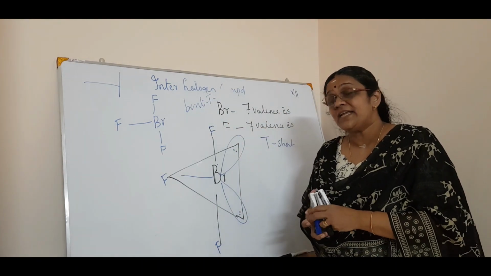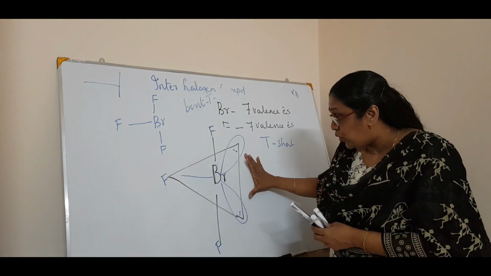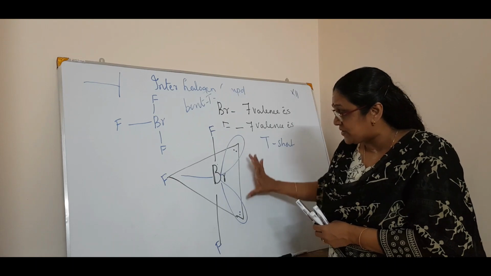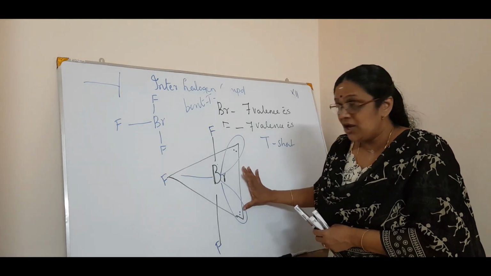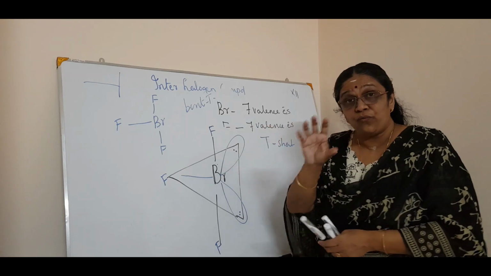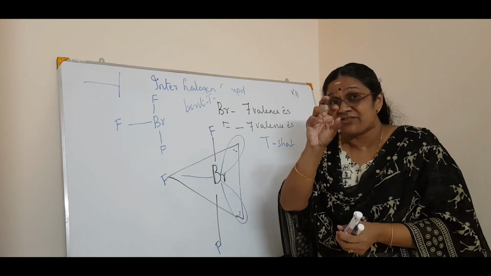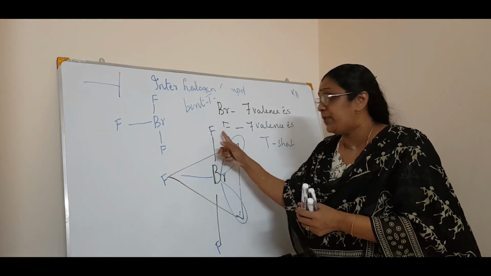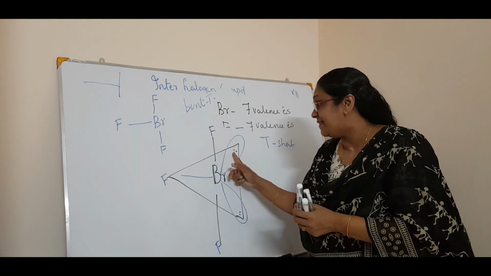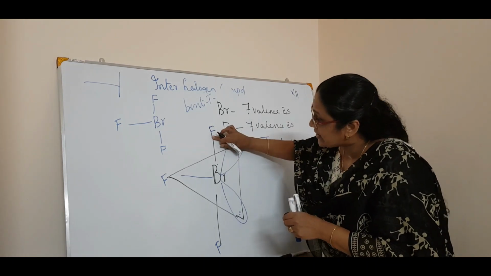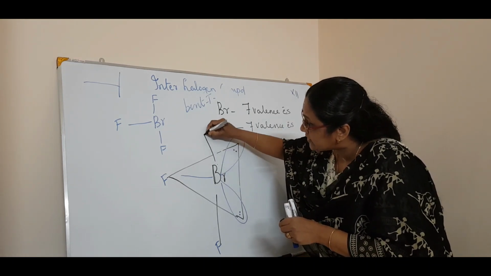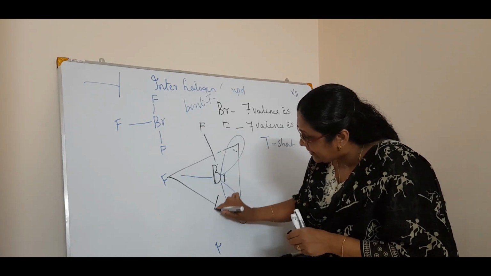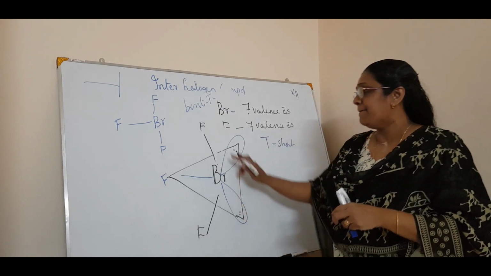Now why this bent T-shaped structure? Here there are 2 lone pairs of electrons. Listen carefully. Here there are 2 lone pairs of electrons in the equatorial position. Now what happens? The fluorine is very small, and there is electron repulsion between these valence bond electrons and these lone pair electrons, so it gets a slight bending towards here. That is why it is called a bent-shaped structure.